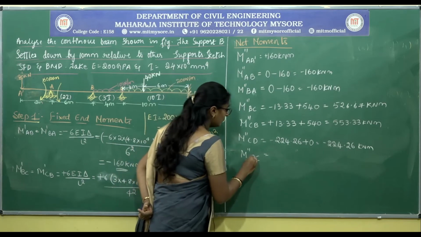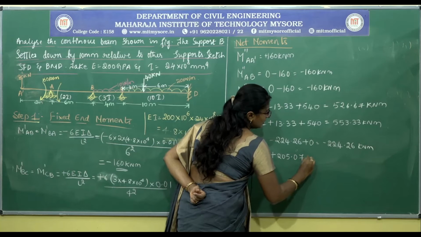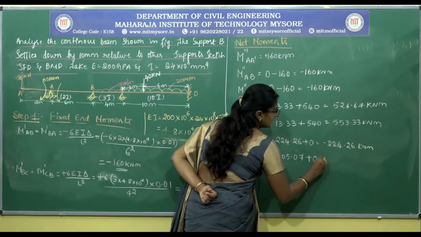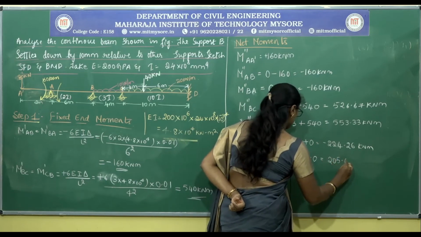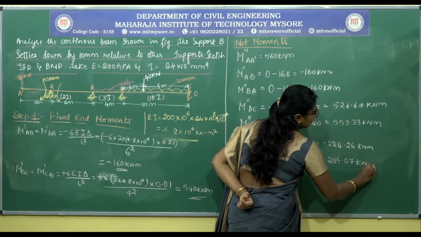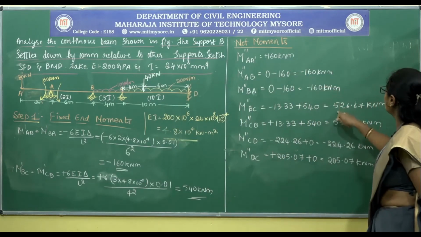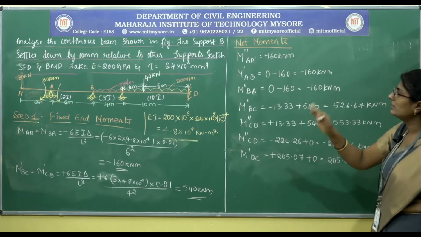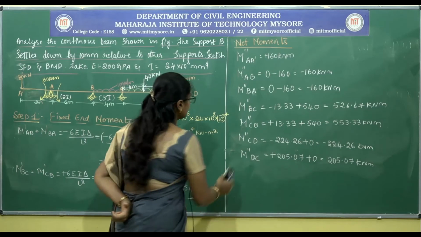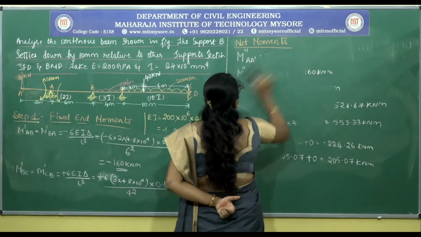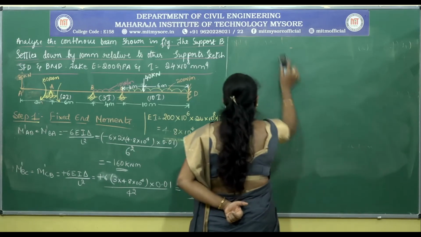Then for M double dash DC, plus 205.07 plus 0, since there is no effect on this span, which will give you 205.07 kilonewton meter. So these are the fixed end moments for all the spans. By using this, we need to now go for the next step, which is step 2.